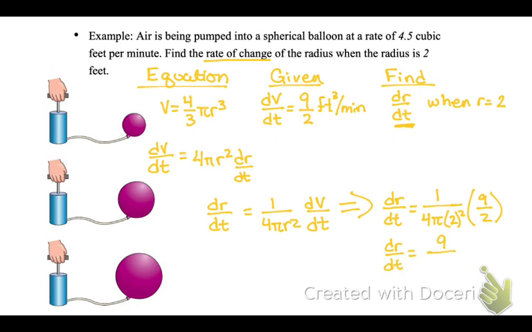Well, 2 squared is 4. 4 times 4 is 16, times 2 is 32. So 32 pi. And since it's radius, that would be feet per minute.